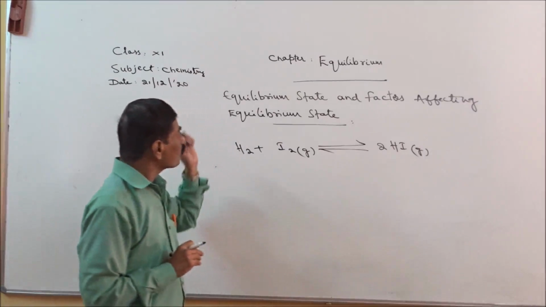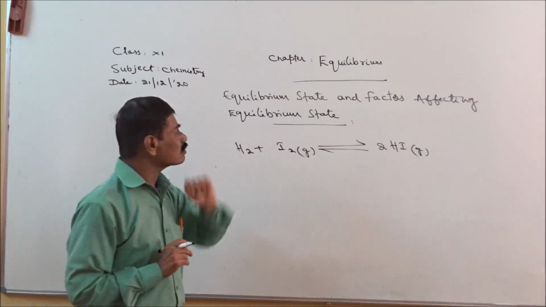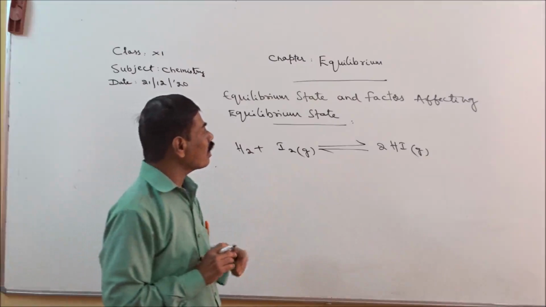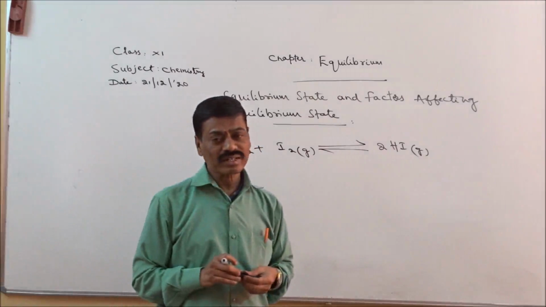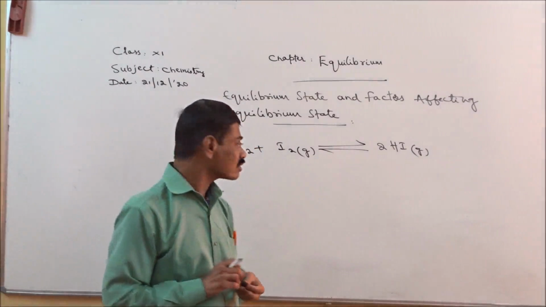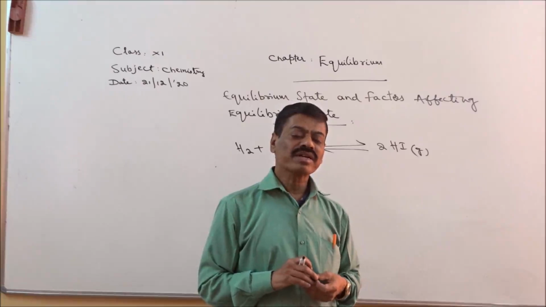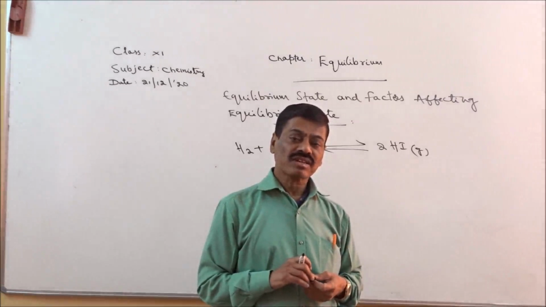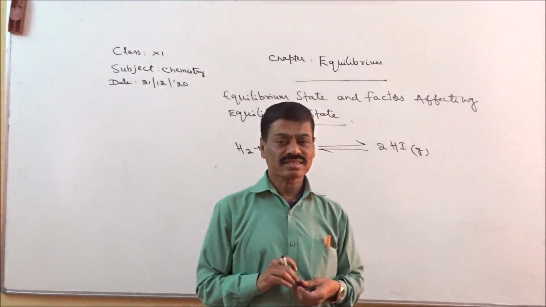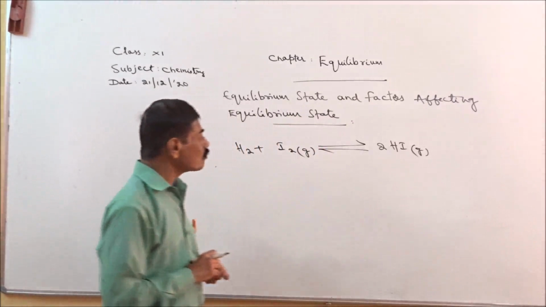Right? So here the equilibrium state is obtained, and as far as factors affecting the equilibrium state are concerned, there are many factors like temperature, pressure, concentration, catalyst. These are the different factors.